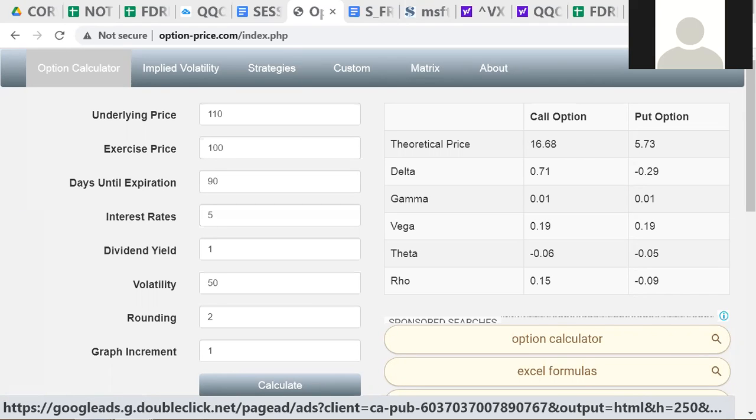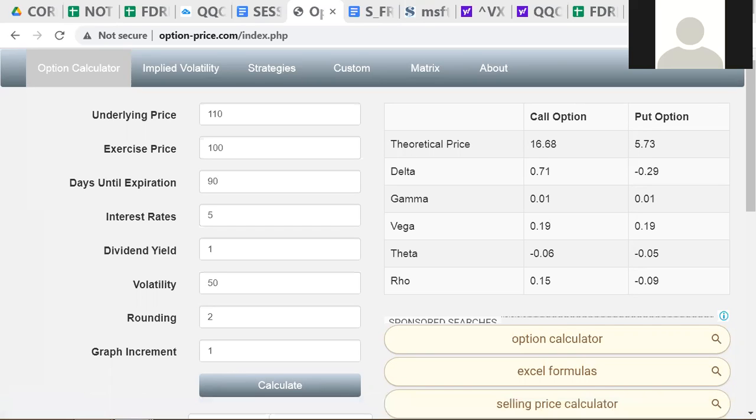Sir, can you repeat? The question is, what is the time value? You're looking at a particular option on your screen. It's a 100 call. I'm talking about the call option. What is the time value of the 100 call? This is referred to as a 100 call. Get used to the lingo of option markets, because the exercise price is 100.